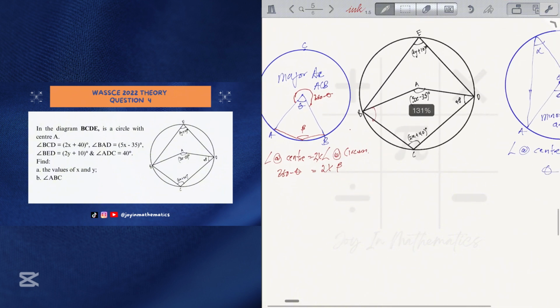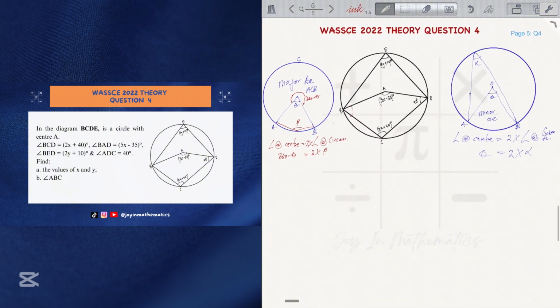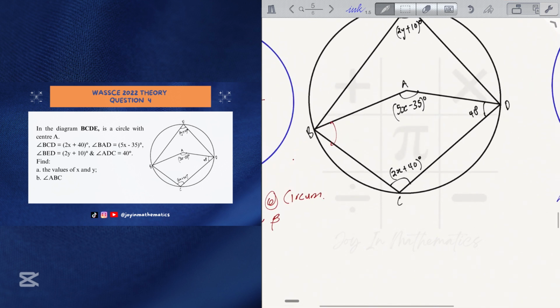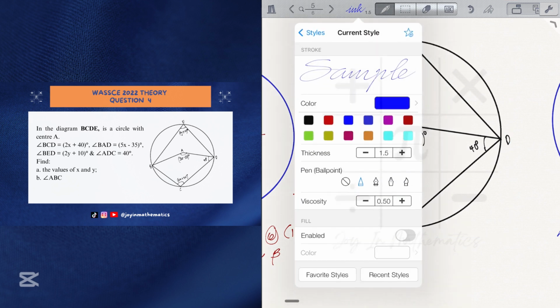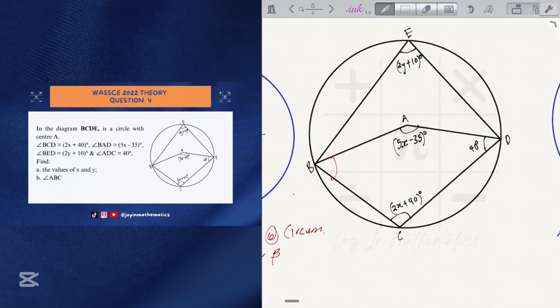So now we have learned about the minor arc and the major arc. The minor arc is AB and the major arc ACB. Now let's apply that to this question. The question says we should find the value of x and y. Now if you look at this, we have a minor arc BCD. The minor arc BCD projects an angle to the center of 5x minus 35. So let's use the blue for the minor and red for the major.